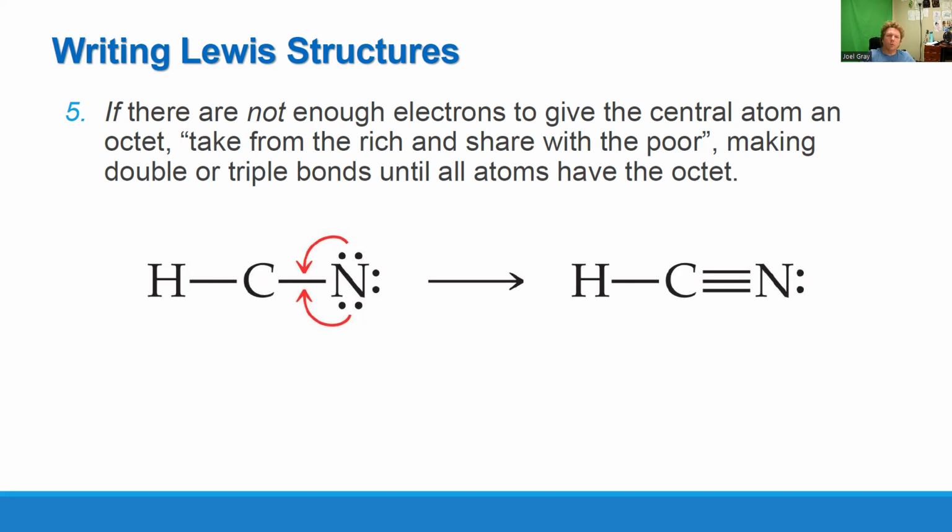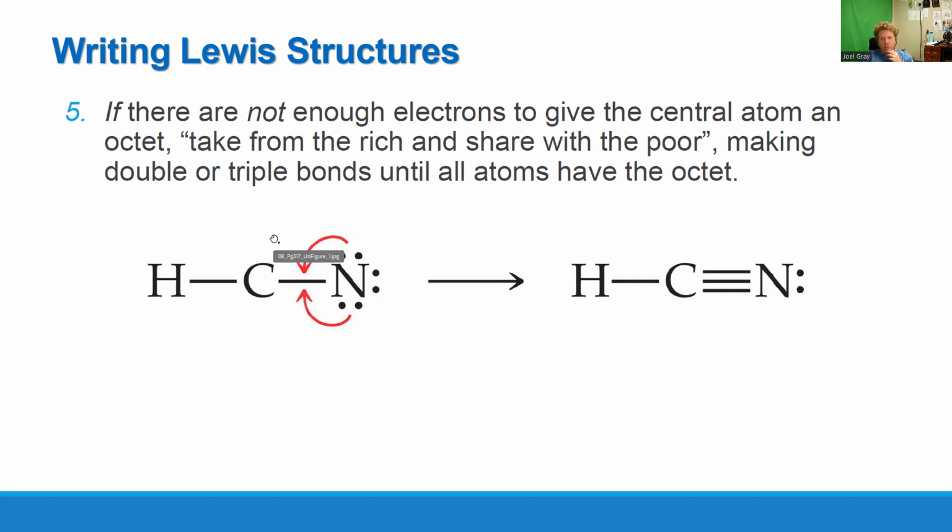So HCN, the way we've drawn it here on the left-hand side, has hydrogen with a full valence shell. It has 2 electrons. It's sharing 1 with carbon, and carbon is sharing 1 with it. Now, on the left-hand side again, where we've got carbon, carbon only sees 4 electrons, and carbon needs to see 8 electrons.